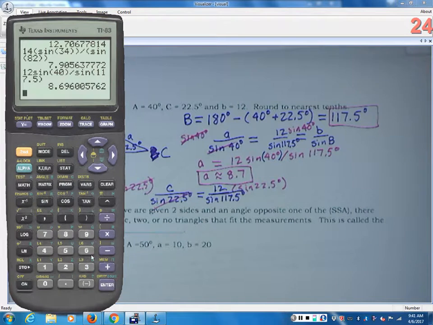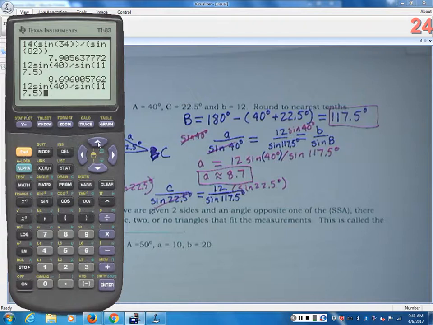It's going to be 12 sine 22.5 divided by sine 117.5.